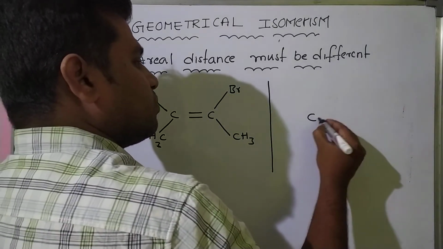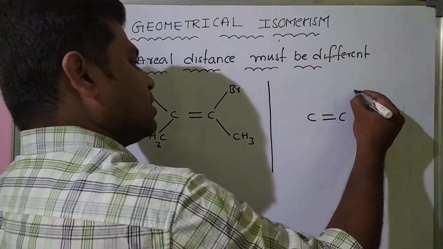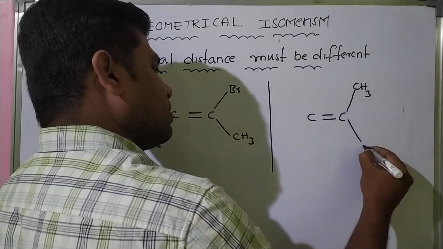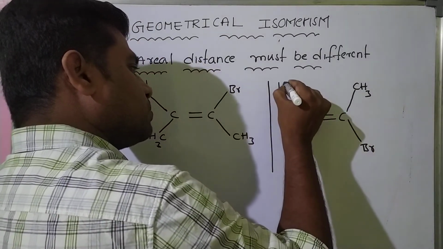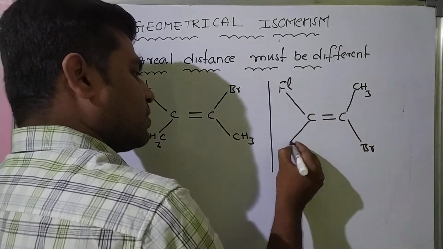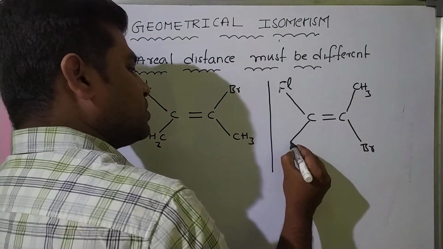We will get one more compound, that is, here a methyl group, here a bromine atom. Don't change these two groups on this carbon atom. These two groups remain unchanged, CH3.